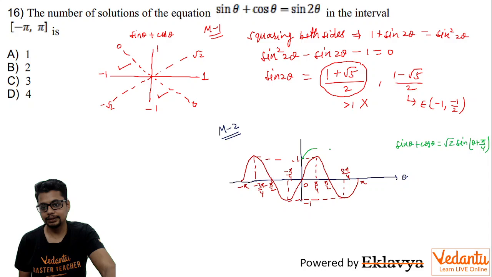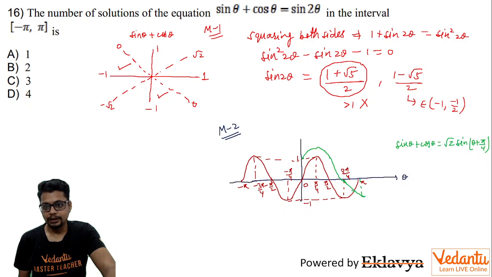At pi by 2, it becomes again 1. At 3 pi by 4, it becomes 0, because sine pi would be 0. Like this. And at pi plus pi by 4, sine 5 pi by 4 is minus 1 by root 2. So root 2 times sine 5 pi by 4 would be minus 1. So it will be something like this at pi, minus 1 it will be.